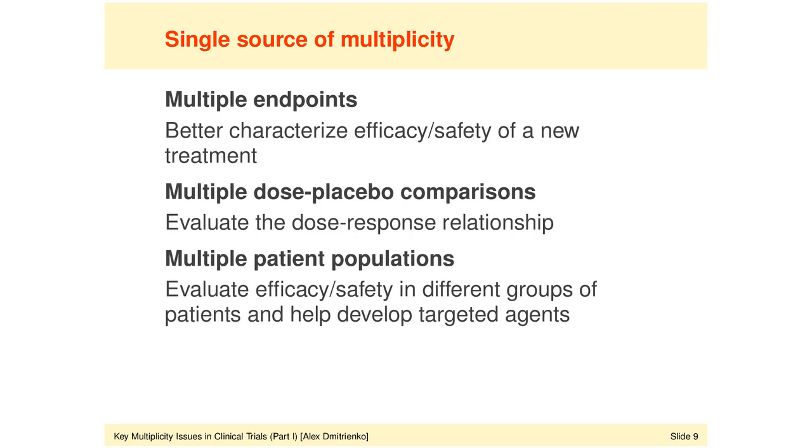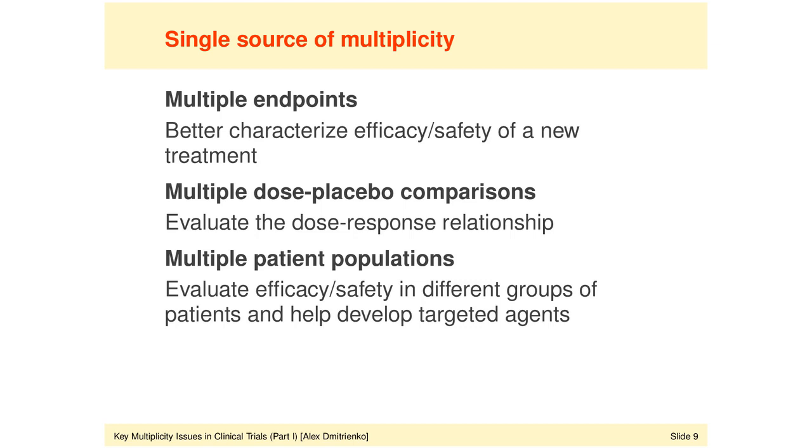Because multiple dose control comparisons, for example, placebo versus each dose of a novel treatment, are typically performed in dose-finding trials, the treatment is declared effective if at least one of those comparisons produces a significant result, and the overall decision regarding the outcome of this dose-finding trial is driven by the analysis of multiple outcomes. So again, multiplicity.